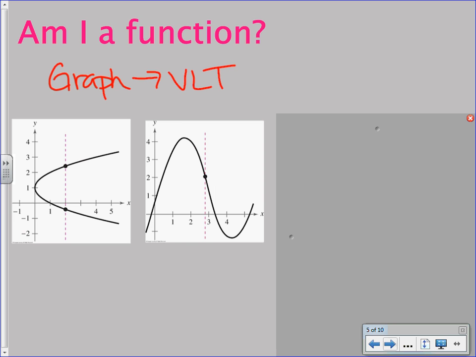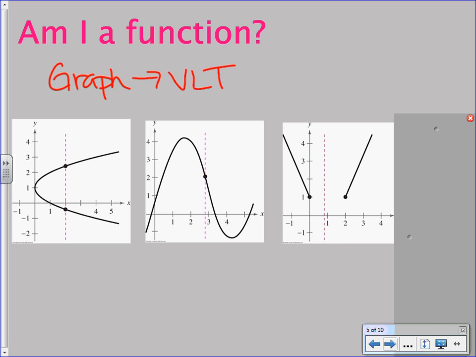Is this graph a function? Yes. Is this graph a function? Yes. Okay? Because anywhere we would draw the vertical line, we would only hit it once. It's okay if there's a space where it doesn't hit it at all. It can just hit at most one time. Everyone remembering that all right? Like I said, a lot of this is review, so we're going to kind of just boogie on through.